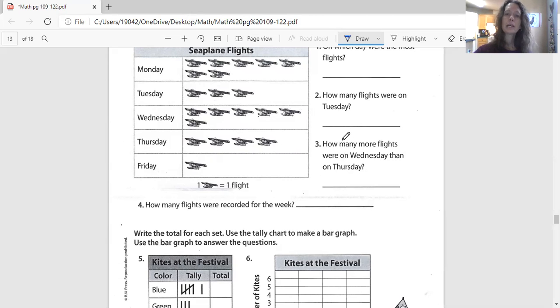Number three says, how many more flights were on Wednesday than on Thursday? I'm going to help you out with this. We talked about many more being a subtraction word yesterday. So I'll actually set up your subtraction problem for you. So we need to figure out how many were on Wednesday. And that answer is 1, 2, 3, 4, 5, 6.